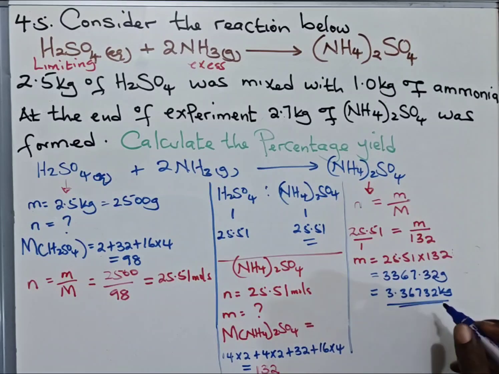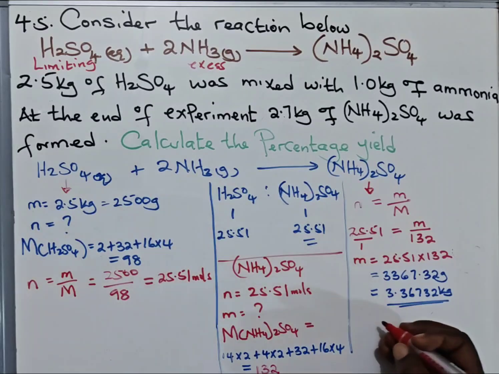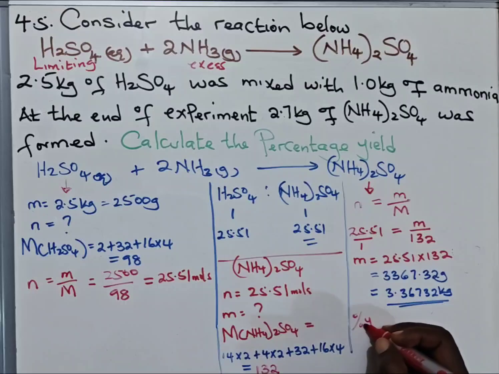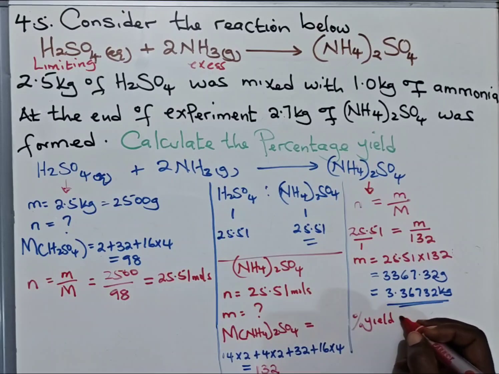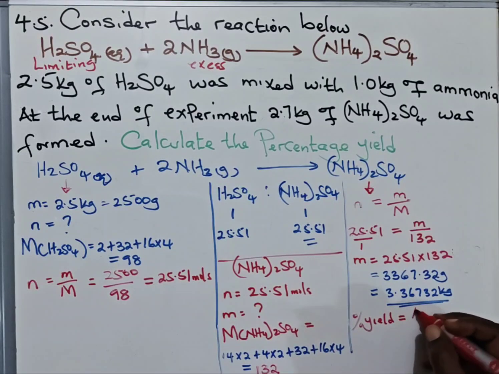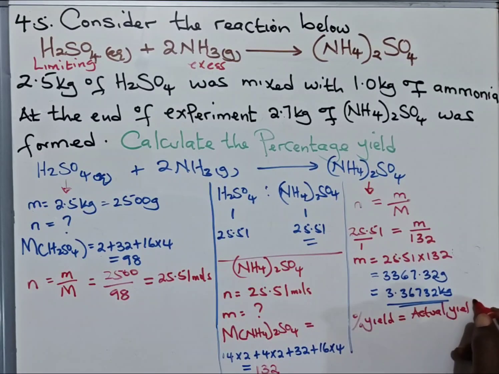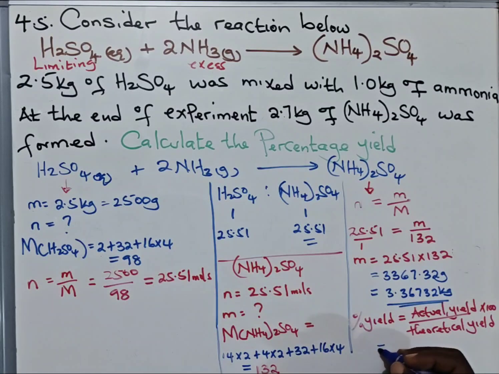What we have here is the theoretical yield. And we need to be reminded that percentage yield is equal to actual yield over theoretical yield, times 100. So when you come to substituting, what do we have?